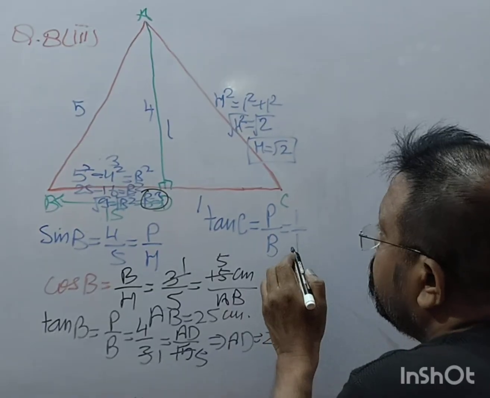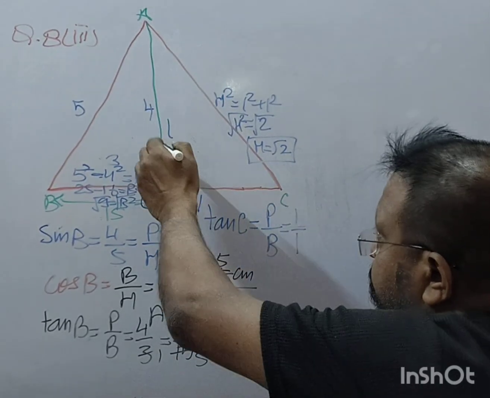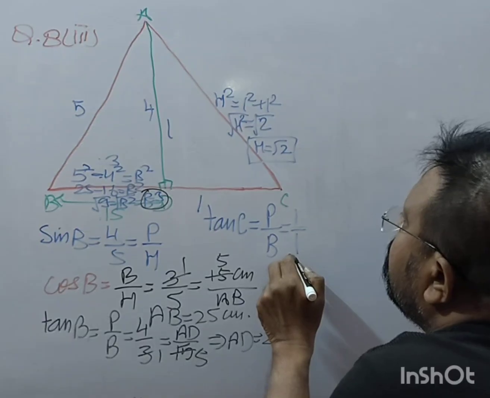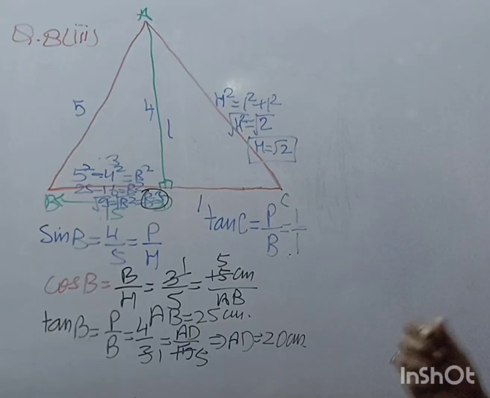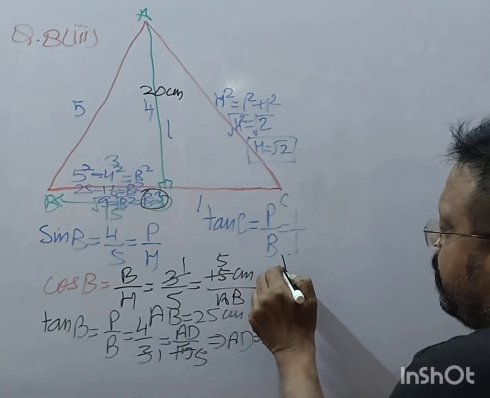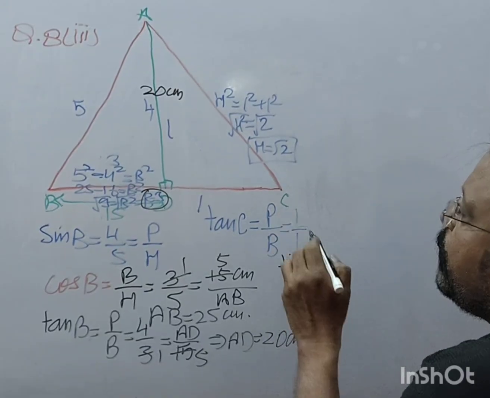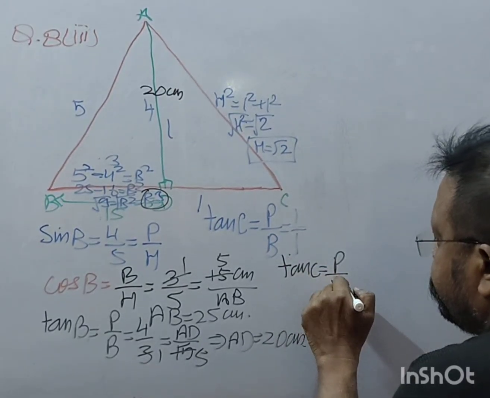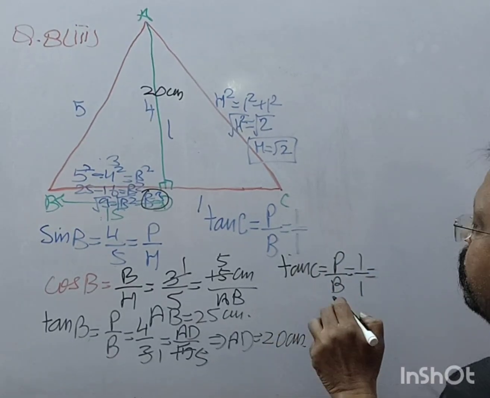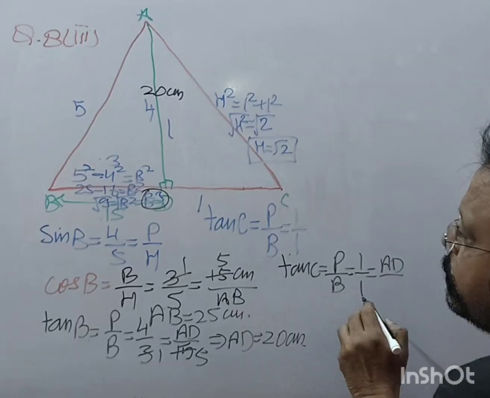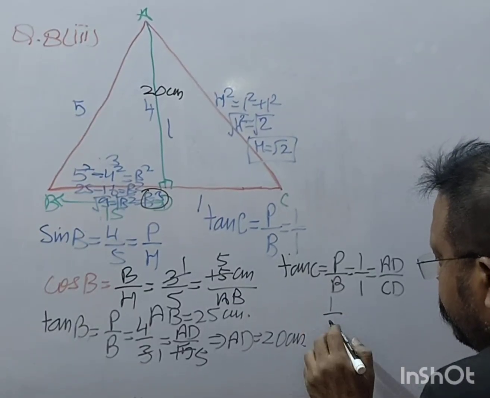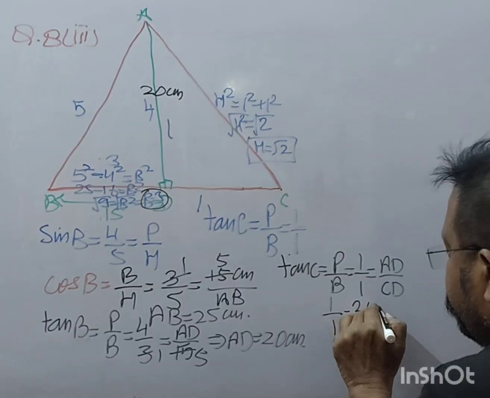Now AD is 20. So tan C is equal to perpendicular upon base. 1 upon 1 is equal to AD upon CD, so 1 upon 1 is equal to 20 upon CD.